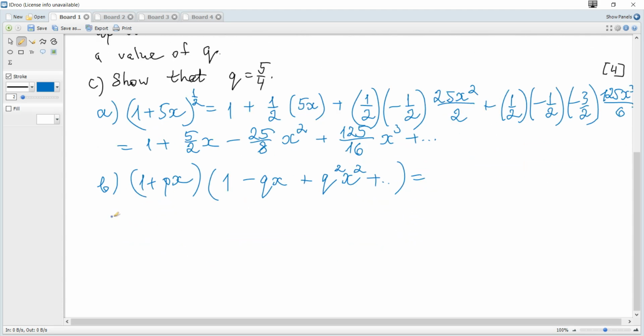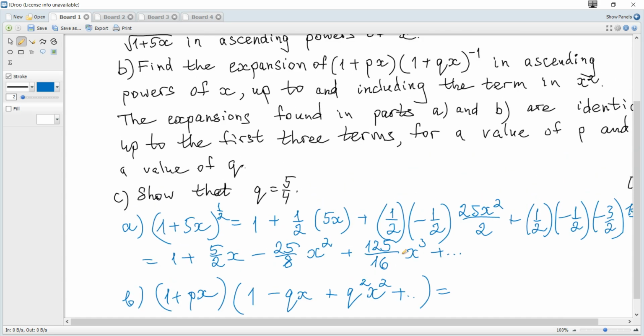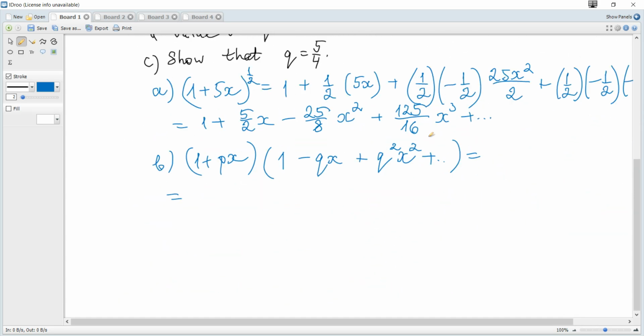Let's expand, and we need up to and including the term in x squared, so 1 multiplied by 1 is 1, 1 multiplied by negative qx is minus qx, 1 multiplied by q squared x squared is plus q squared x squared, then px multiplied by 1 is plus px, and px multiplied by negative qx is minus pq x squared, and x multiplied by x squared is x cubed, which is not required, and plus higher powers of x, which are not required.